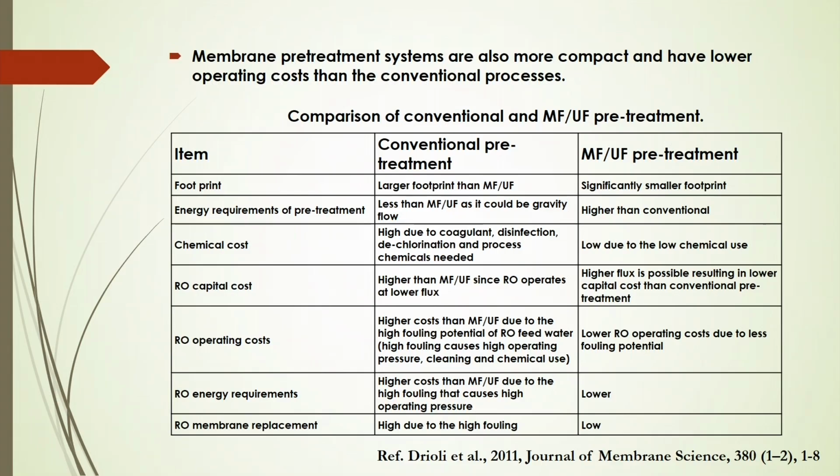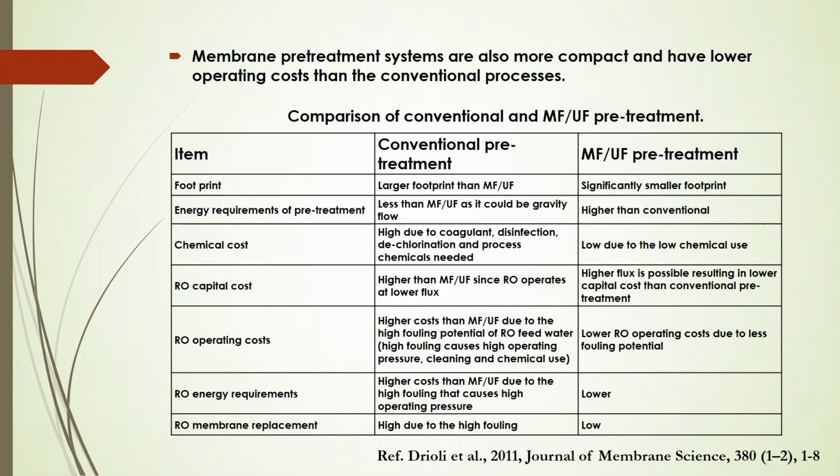Also, for RO membrane capital cost, conventional pre-treatment is higher than microfiltration or ultrafiltration, since RO operates at lower flux, and higher flux is possible in microfiltration or ultrafiltration, which results in lower capital cost than conventional pre-treatment.